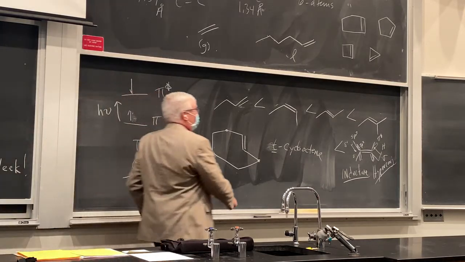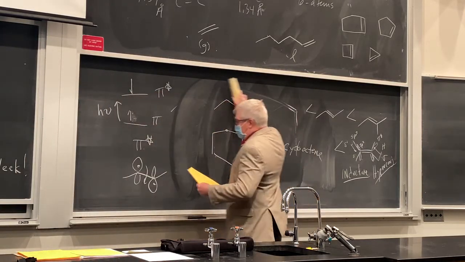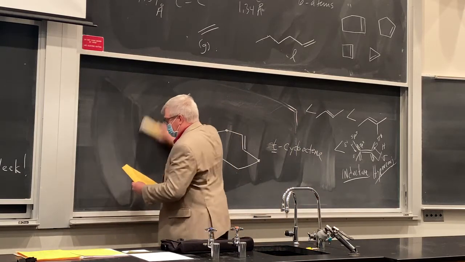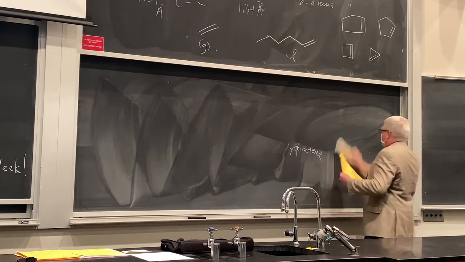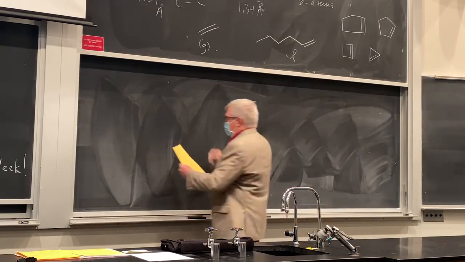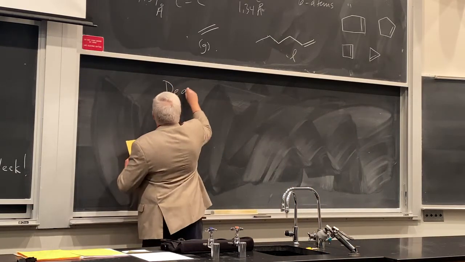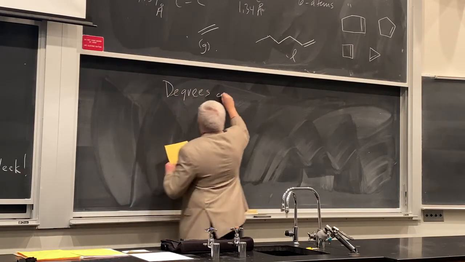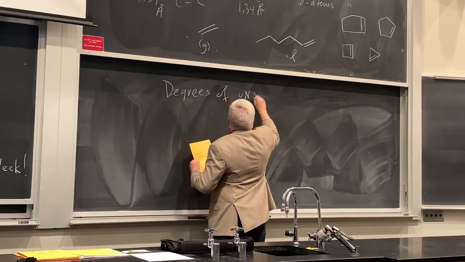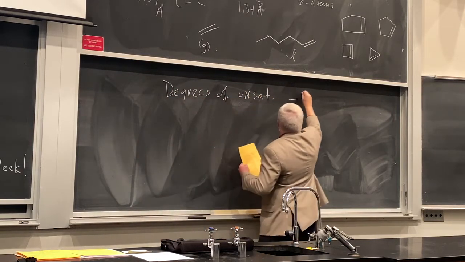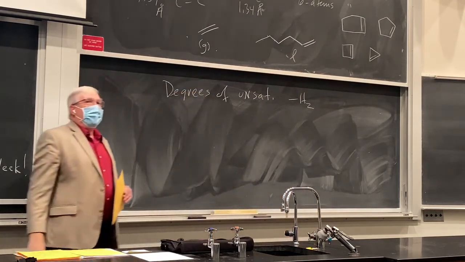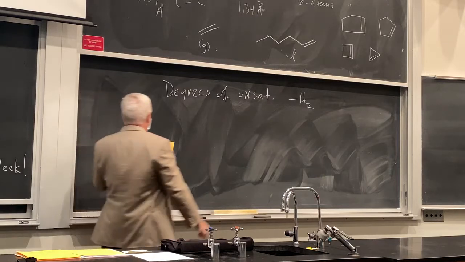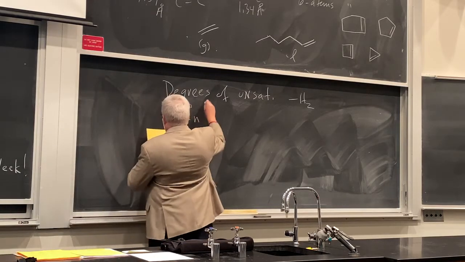Okay, degrees of unsaturation. This is an important concept. Degrees of unsaturation. And what do we mean here? We're talking about how many hydrogens are removed relative to the maximum amount in the structure. So here's our typical structure, right?